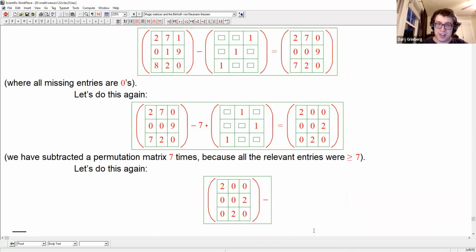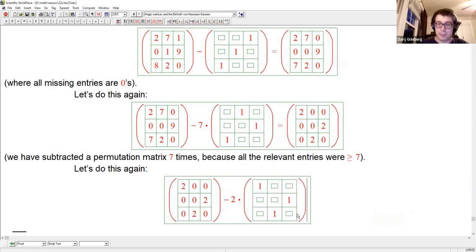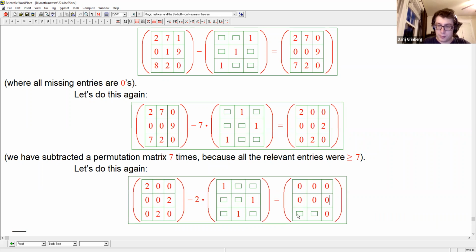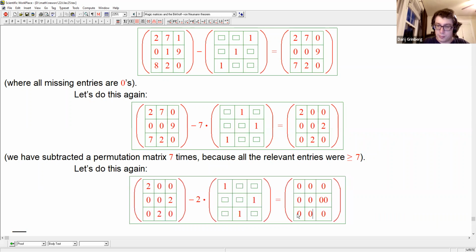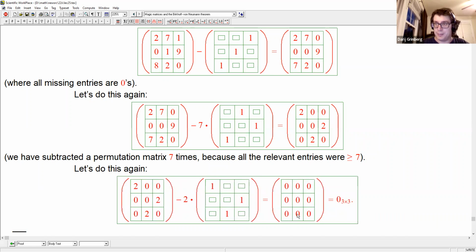What permutation matrix can we subtract? Well, we can only subtract this one. And because there are 2's everywhere, we can subtract it twice. And now what we get is really the zero matrix, 0, 3 by 3.